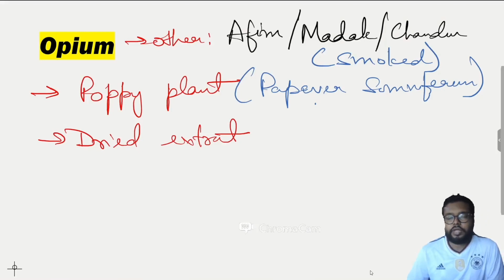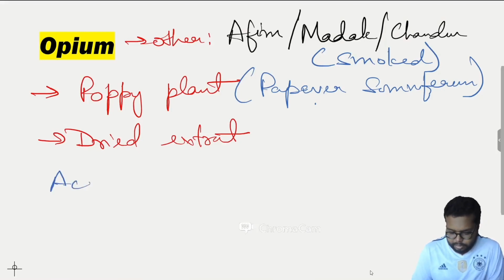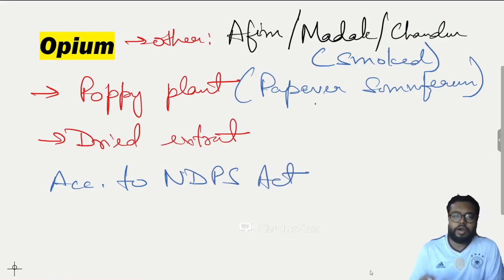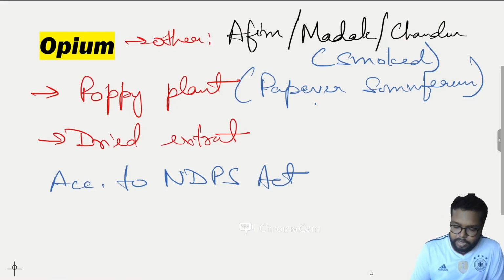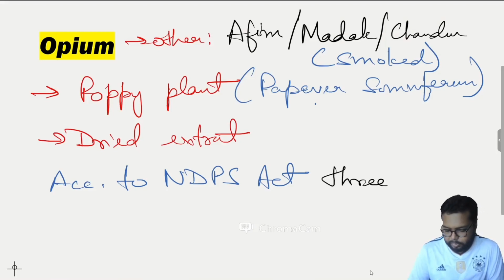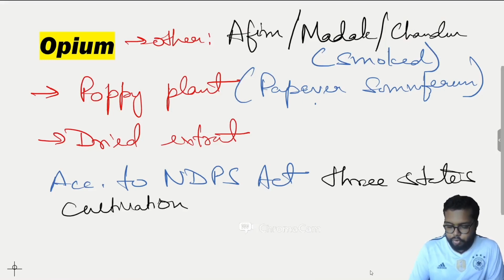According to the NDPS Act, only 3 states are allowed for cultivating opium. We can remember these 3 states by the mnemonic RUM.